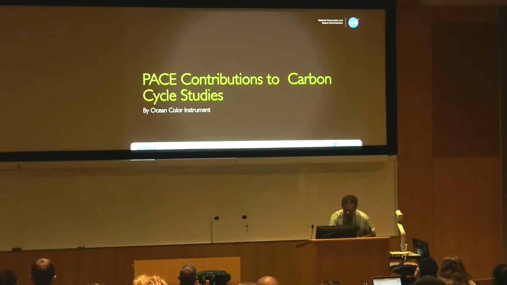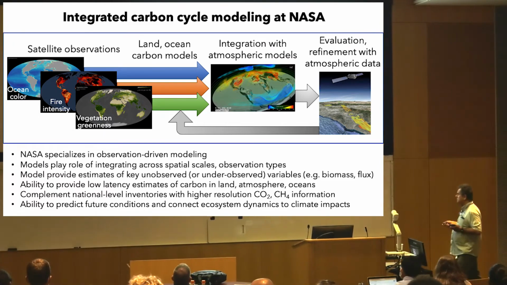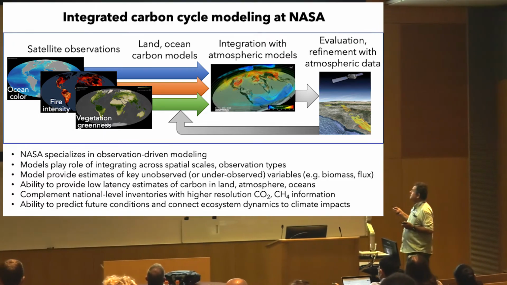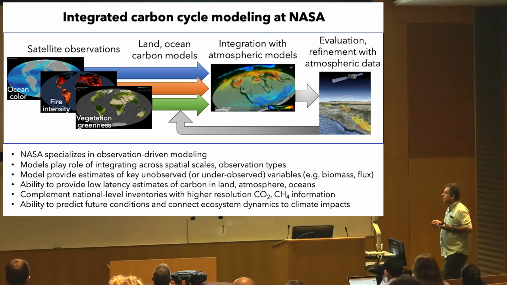So carbon study, that's really my last slide here, and for my colleague Leslie Ott. NASA modeling is very much integrated carbon modeling, which really is a data-driven modeling approach. You have satellite observations of the ocean color, the fire intensity, and the vegetation greenness, right?